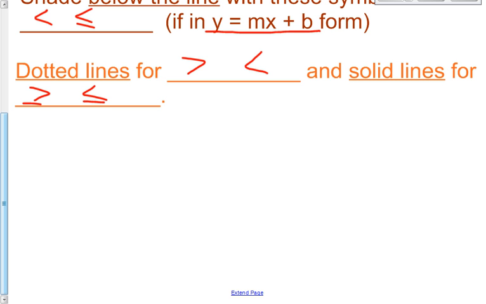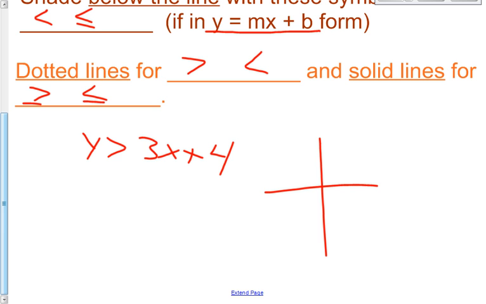So if you have, like I was saying, this y is greater than 3x plus 4, you might have a line here at 4, and then it's a rise of 3, run of 1. You're going to connect these two points with a dotted line. If it was greater than or equal to, now it would be a solid line. Okay? So those are the notes.